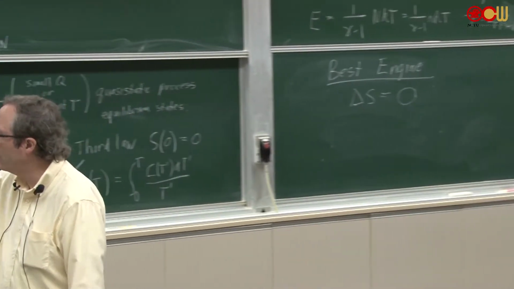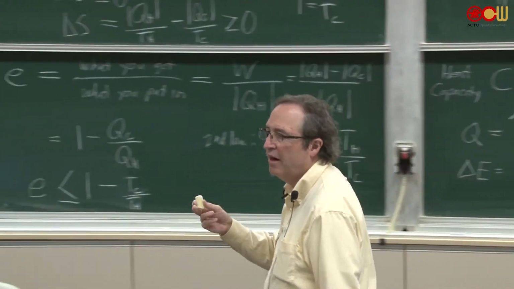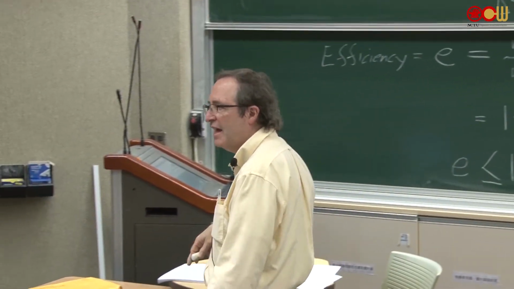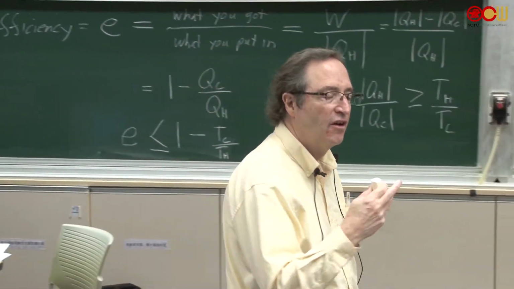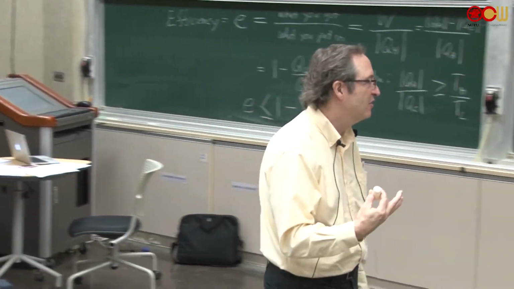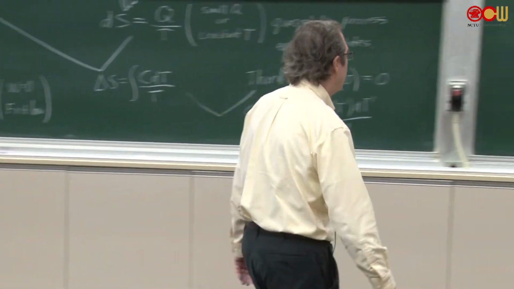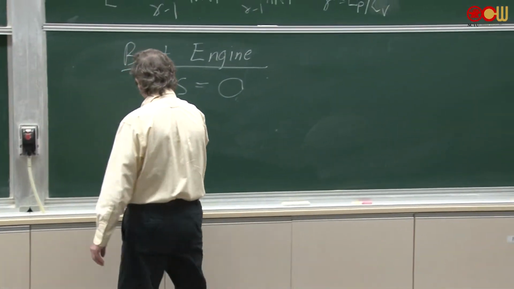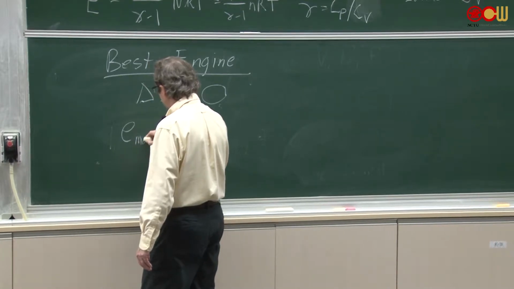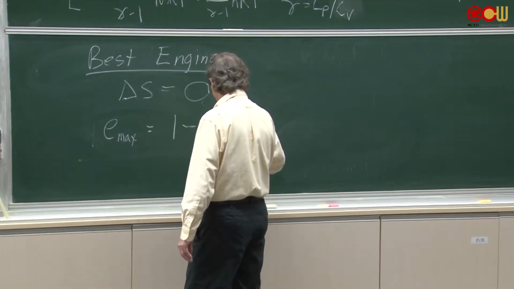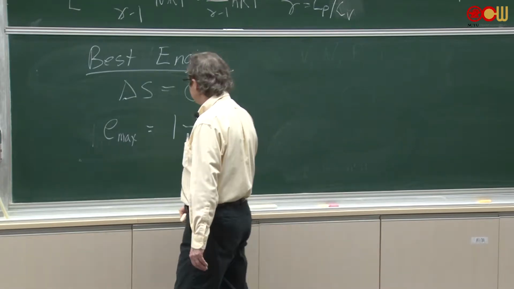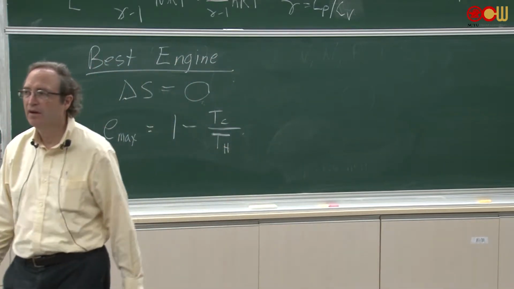So that would be a reversible case where QH over TH is equal to QC over TC. That's the best you could do. And that implies that the maximum efficiency is 1 minus TC over TH. That's the best you could do.